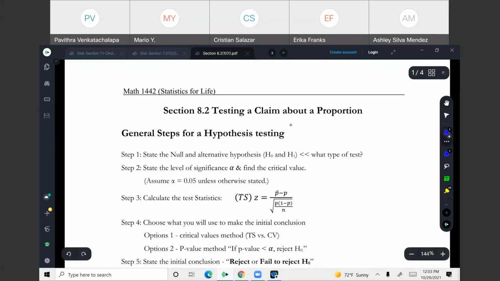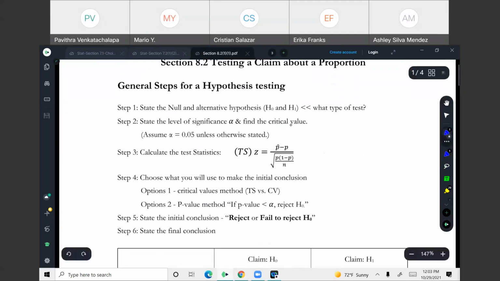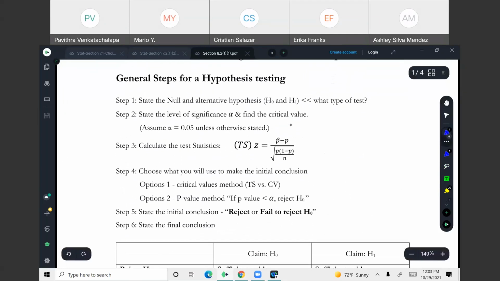Okay, so these are the steps which you have to follow in order to reach the final conclusion. Step one is you have to state the null and alternative hypothesis. You know how to do that. And you need to figure out what type of test it is. Is it right tail, left tail, or two tail test?